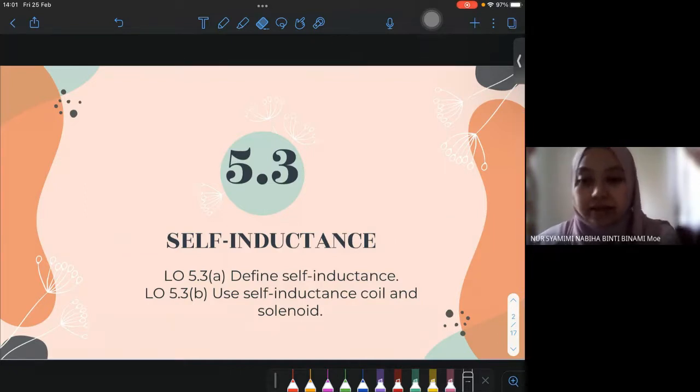Okay, can someone recap for me what is induced EMF? Ada orang tak nak volunteer explain what is induced EMF? Secara kasar je yang kamu senang nak faham. Yang kamu dah faham dan kamu buat ayat yang ringkas.